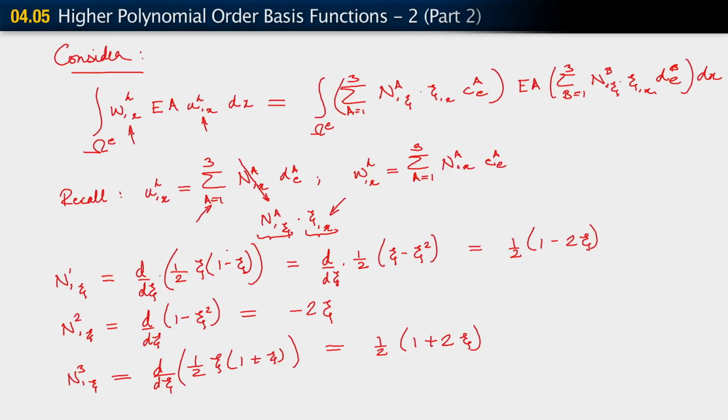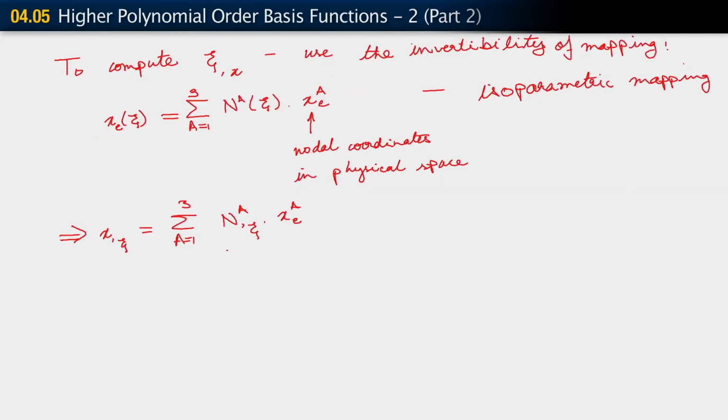There it is at the bottom, the last three equations. So let's use those. I'm going to write out the sum explicitly: N1,ξ x1e plus N2,ξ x2e plus N3,ξ x3e.